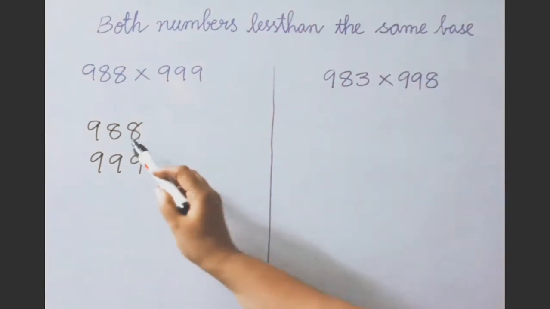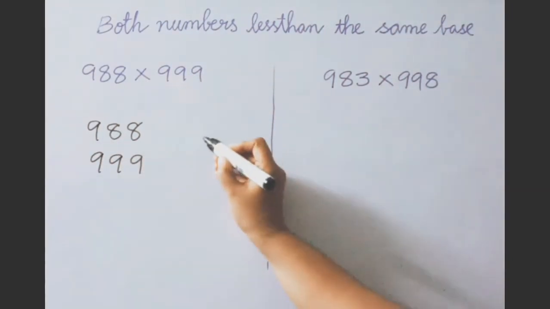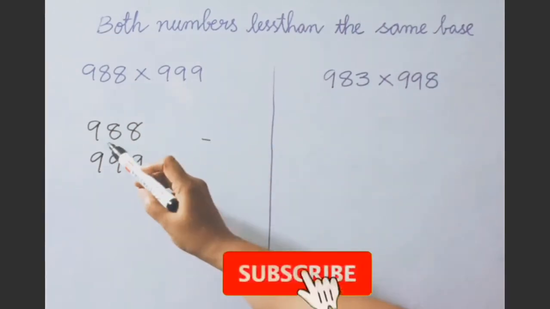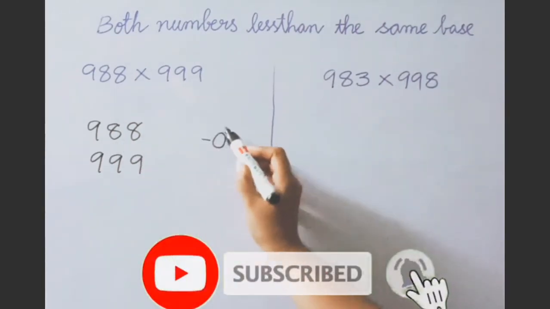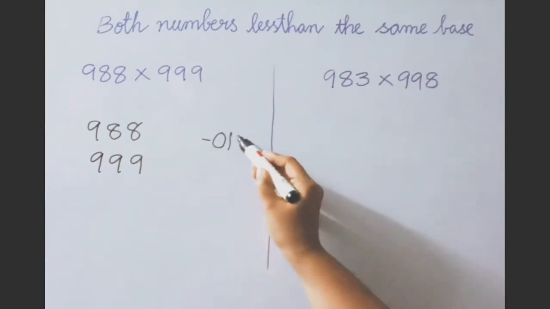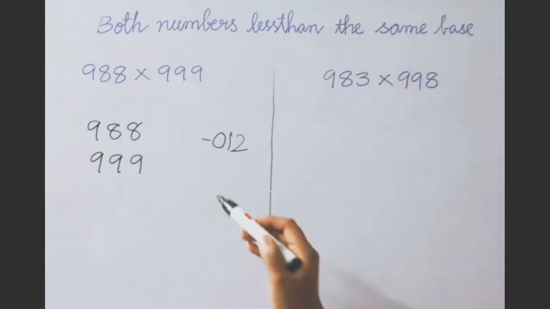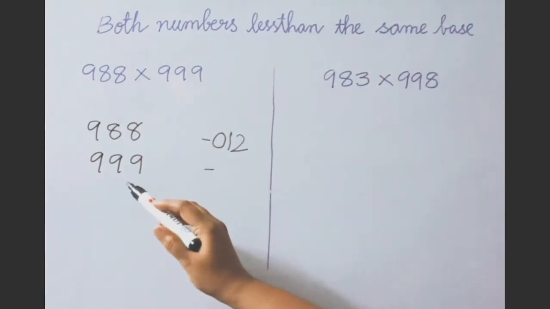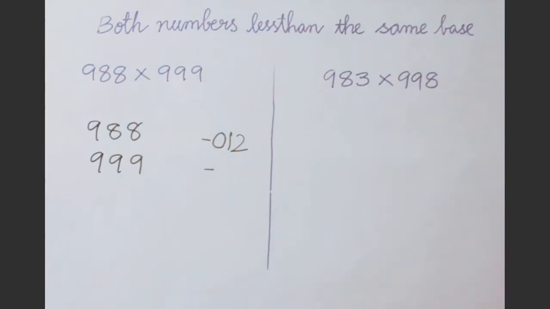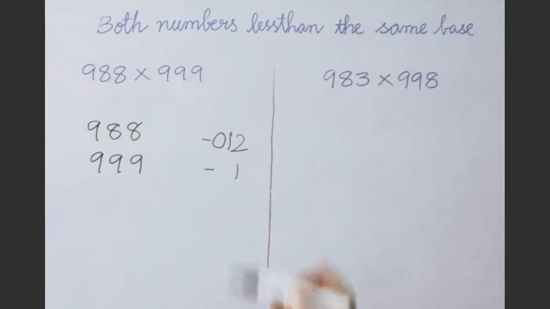So 9 minus 9 is 0, 9 minus 8 is 1, 10 minus 8 is 2. So 988 is 12 below 1000. Next 999, how much is it below 1000? 1000 minus 999 is 1.